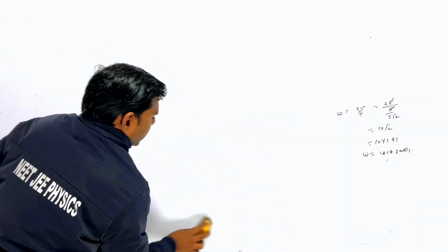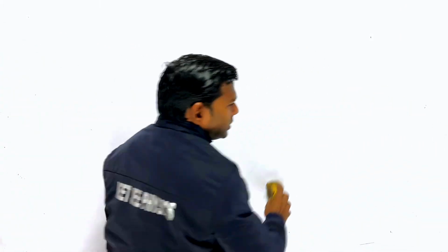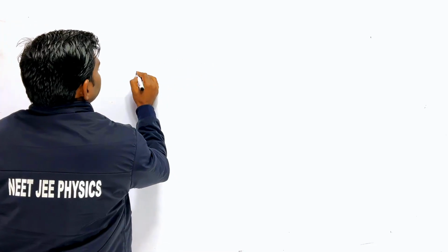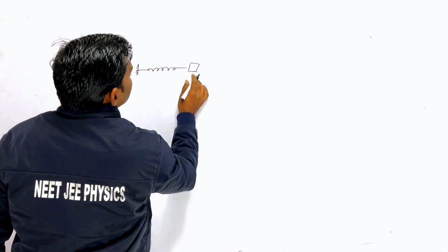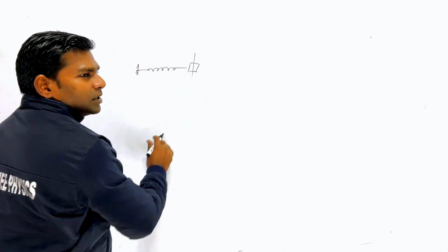Actually, I could not understand what exactly you want. Listen one thing. There is no difference between the phasor diagram what I have explained. Listen. Initially, the spring was horizontal, right? Like this. Are you getting or not?